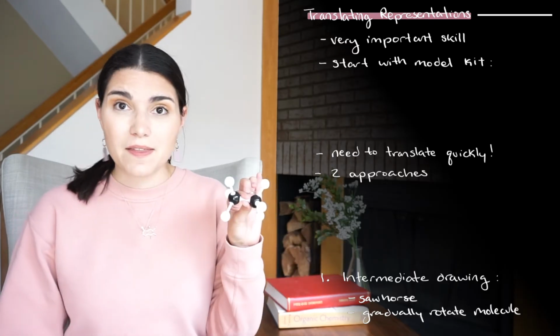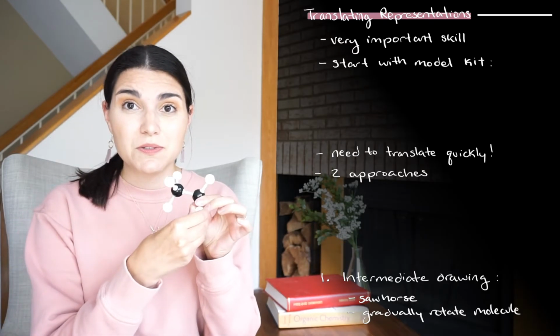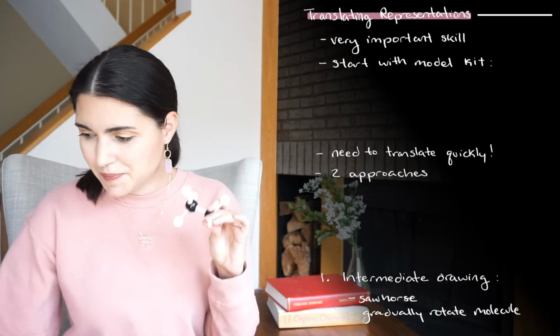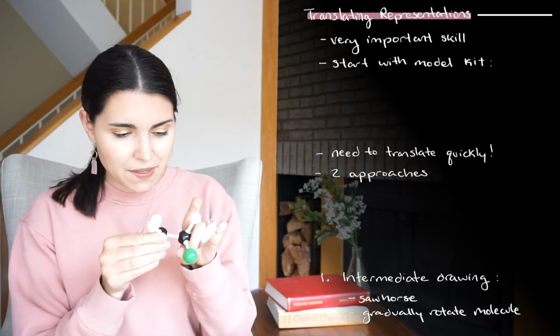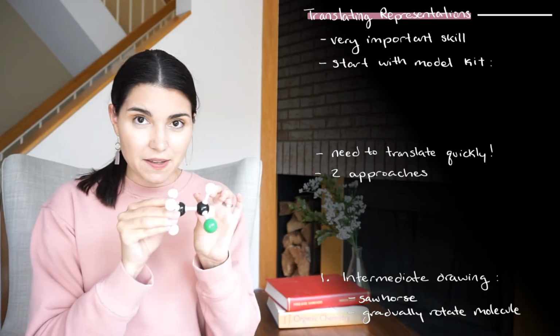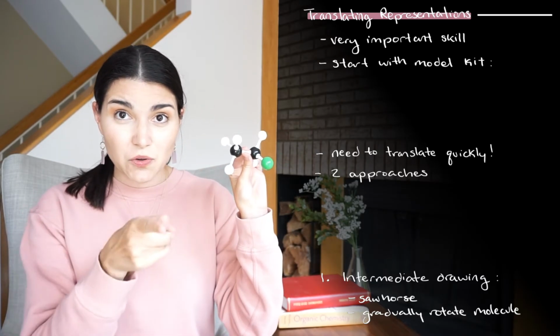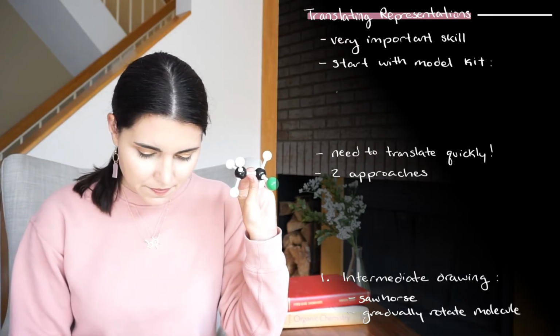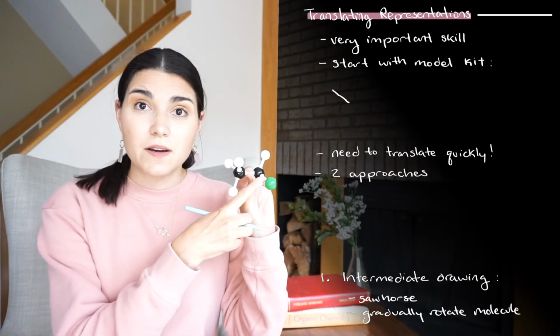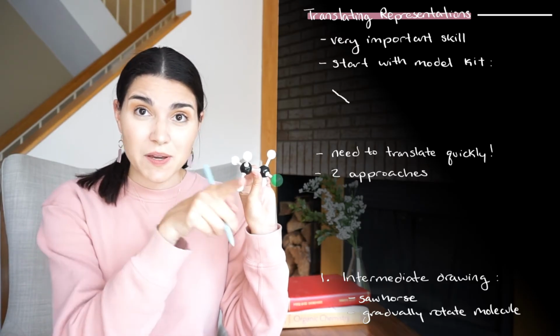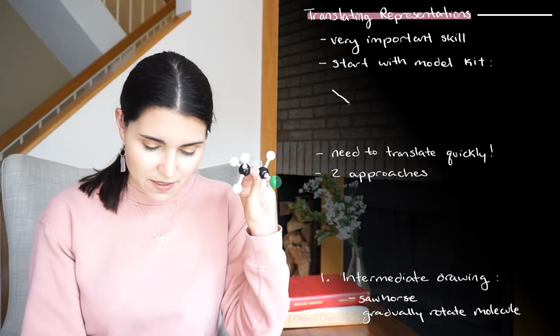So here I've got my ethane, and I'm actually just going to substitute one of these hydrogens for a chlorine atom. Easiest reaction ever. Now we have a chlorine. I'm going to hold it up like this, and I'm going to draw it in your view. So here's our carbon-carbon bond. And then in your view, the chlorine is coming out towards you, and it's on the right-hand side of your screen.